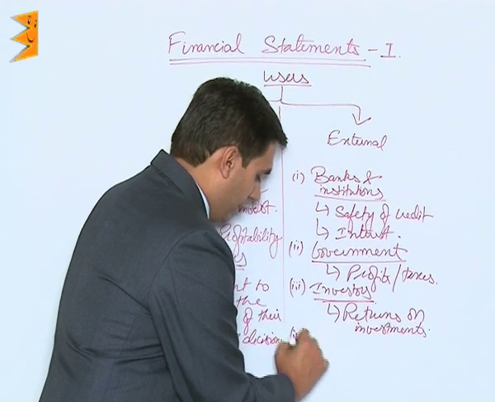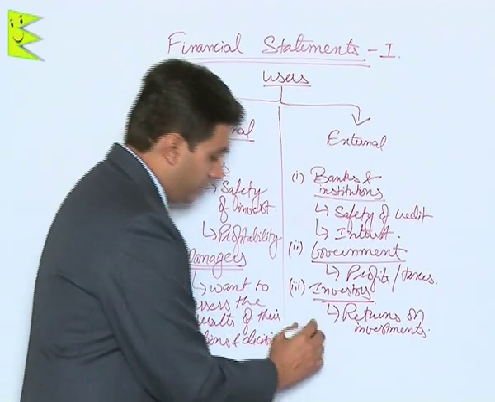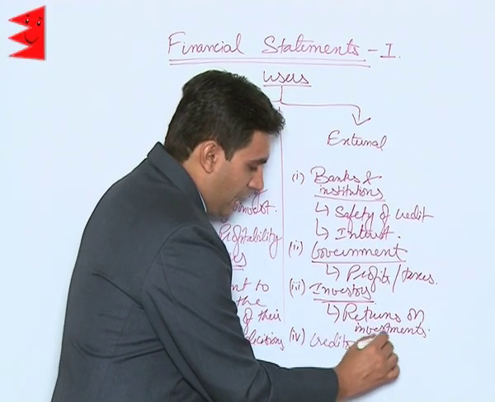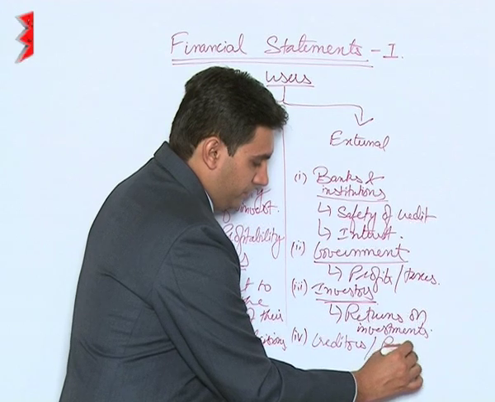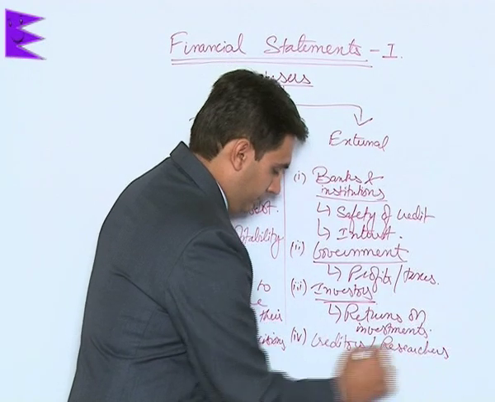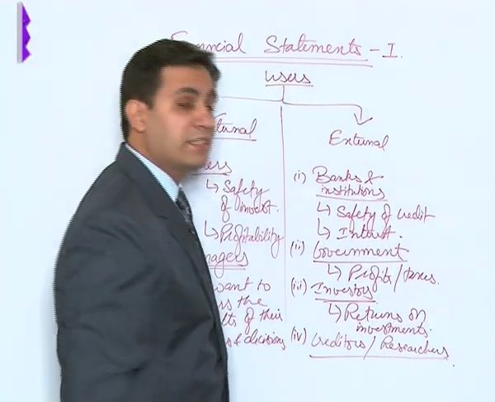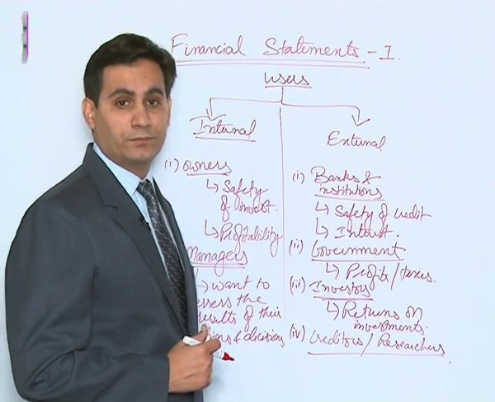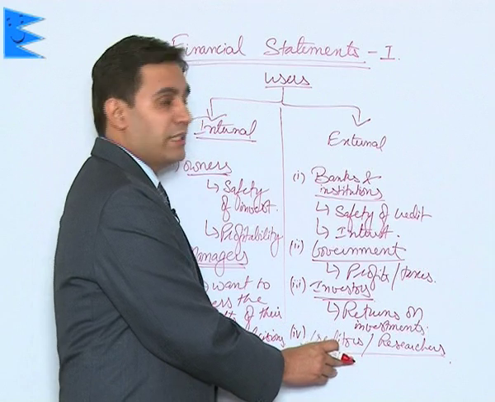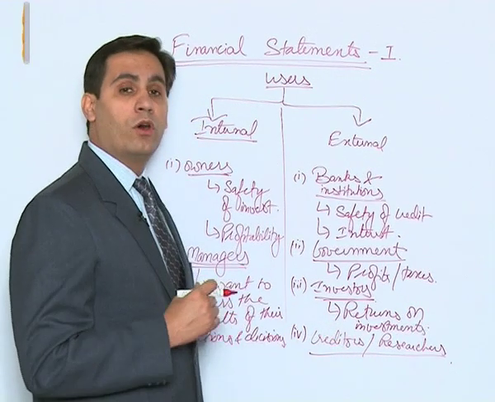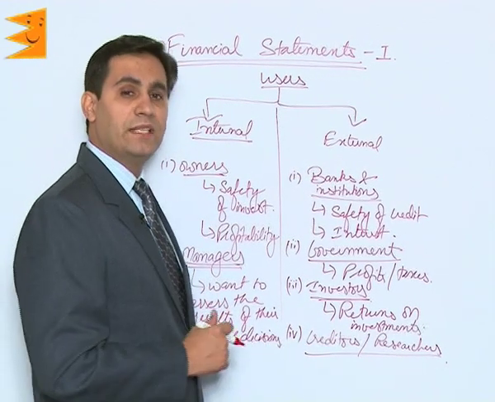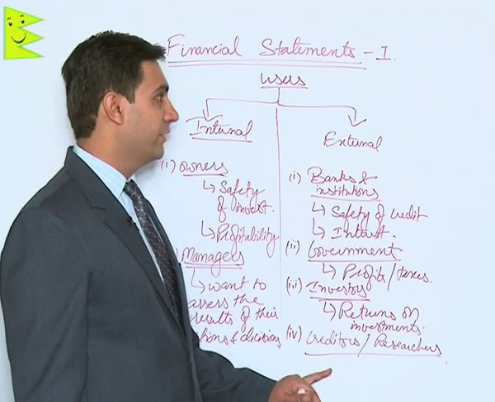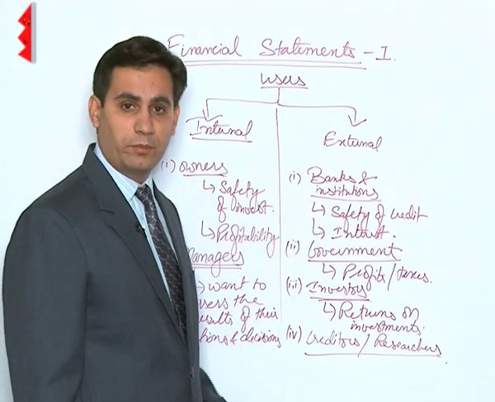Then we have other categories like creditors and researchers. Now students, creditors are those individuals who sell us goods on credit. They actually lend us certain amount of money on short term basis. So again they are concerned about the financial position of the business, and they can get this information through the financial statements.